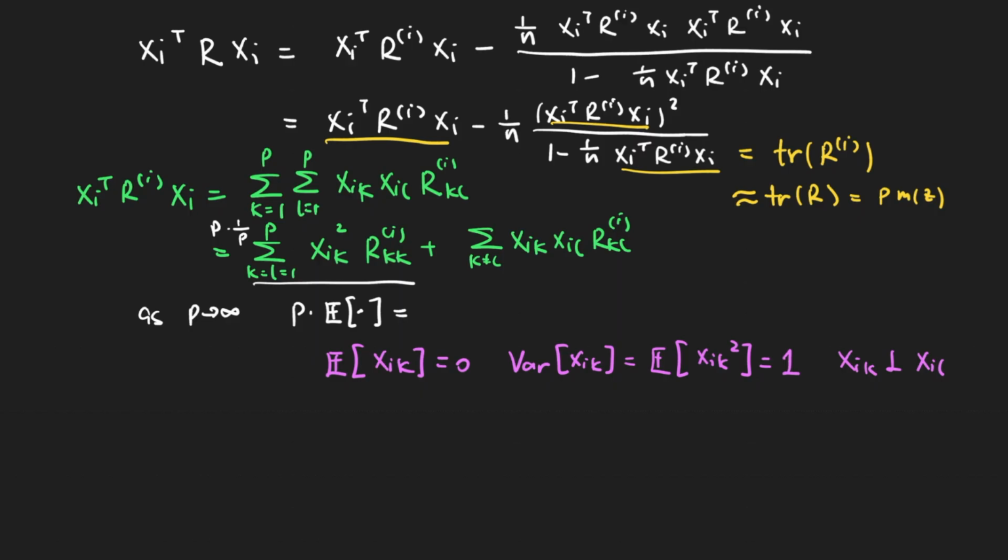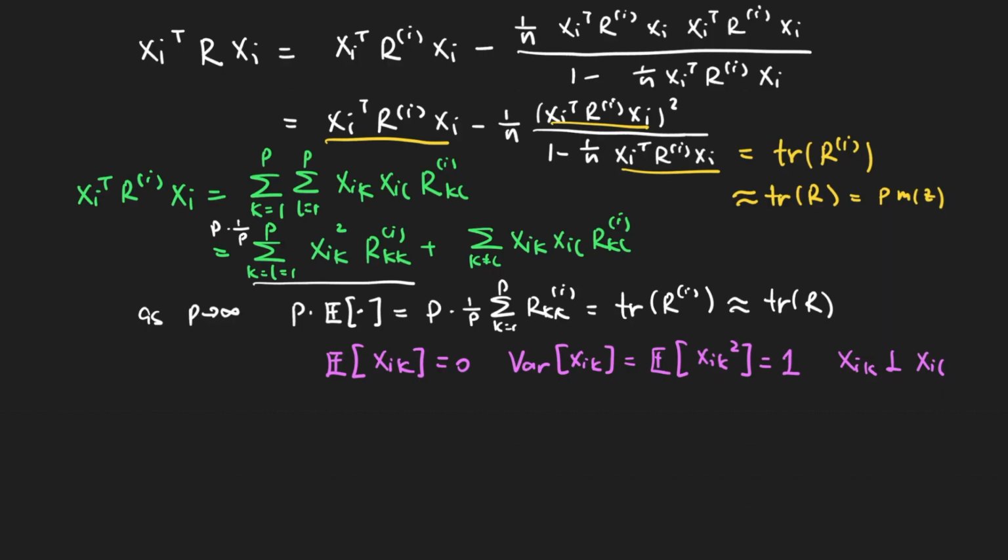So that equals, the expectation just becomes 1 over p times the sum of rkk excluding i, right? So that just becomes the trace of the matrix R, which is approximately the trace of R, right? So that's the first term.